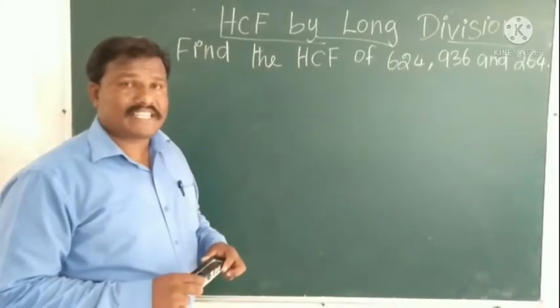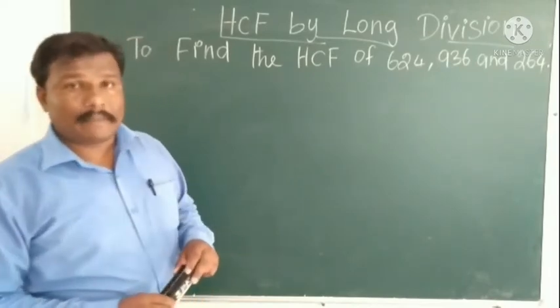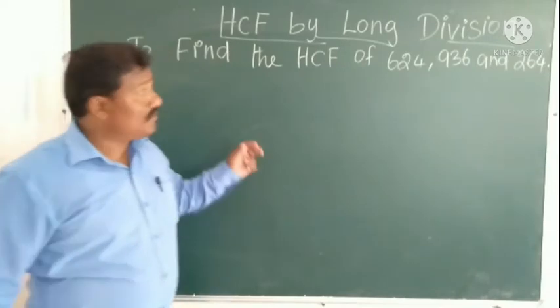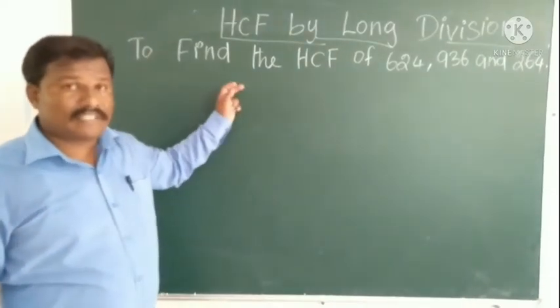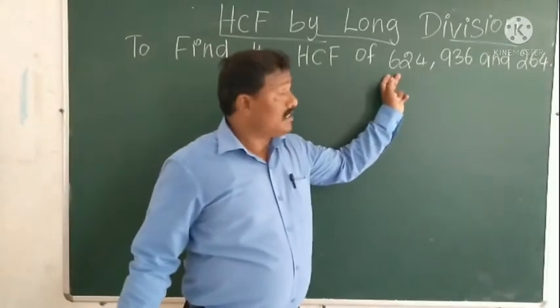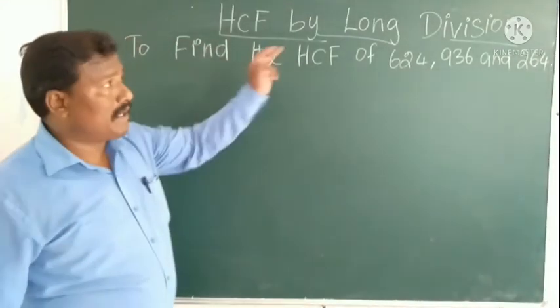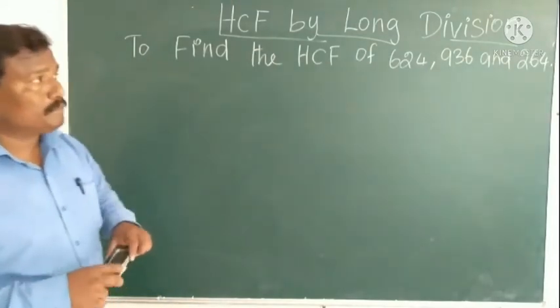Okay. Let me discuss how to find the highest common factor of 3 numbers. Before, we talked about two numbers, now we will discuss three numbers. Find the highest common factor of 624, 936 and 264 by using long division method.